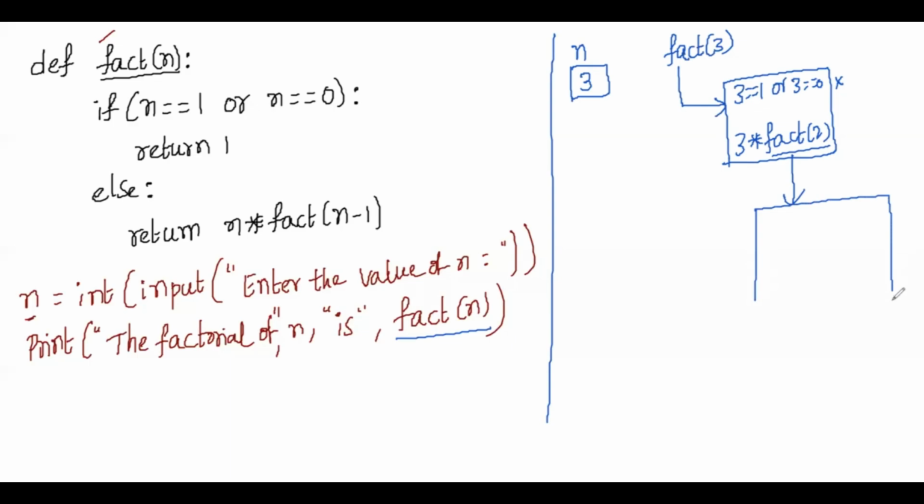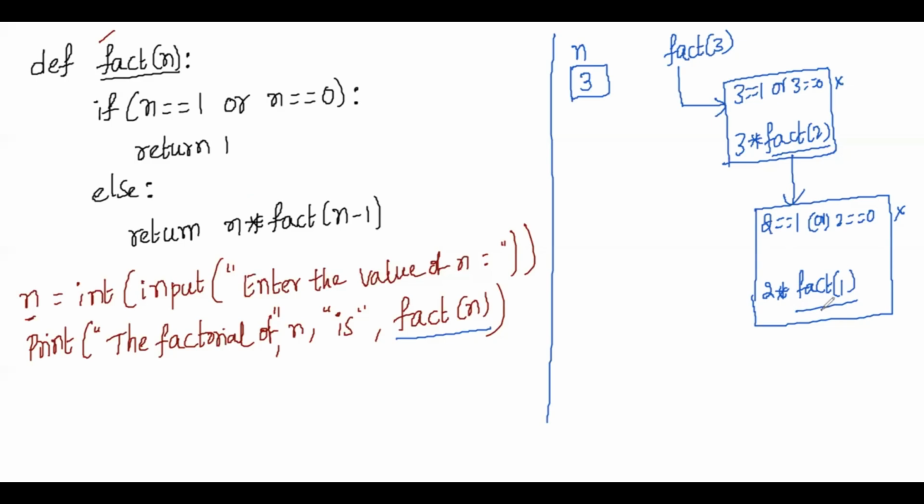So now this fact of 2 can be computed like this. That is 2 double equal to 1 or 2 double equal to 0. The condition will become false. So it will go for the else block and it is going to return n into fact of n minus 1. That is 2 into fact of 2 minus 1, which is 1.